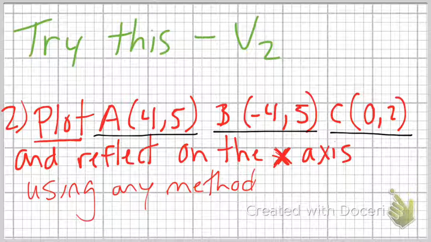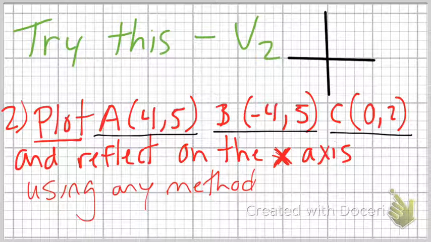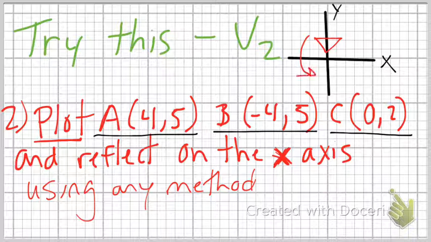So remember, if your axes are something like this, and your shape might look something like that, if you're reflecting on the x, that shape should be over here. And it might look something like this. But you never know. So give that a try.